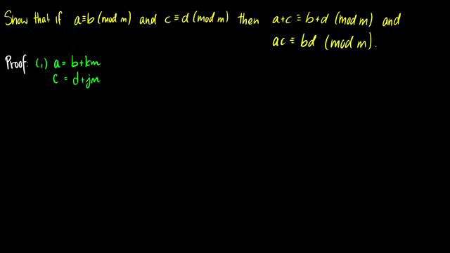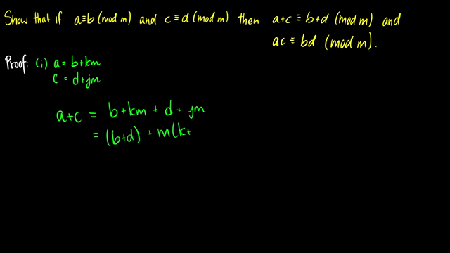Okay, so we want to show that a plus c is congruent to b plus d mod m. Okay, so a plus c is the same thing as b plus km plus d plus jm. So let's move together like terms. So let's move b plus d together, and then km and jm, let's put those together.